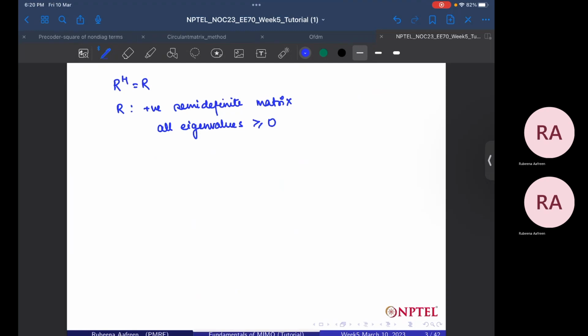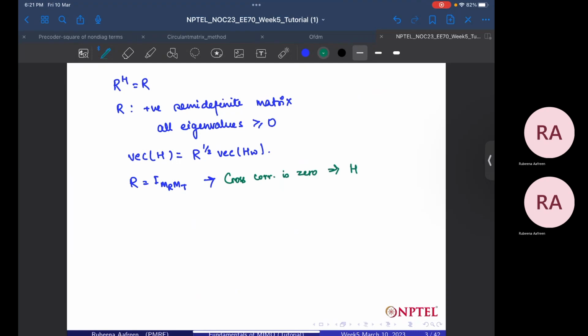Okay, now we have vec of H equal to R to the power half into vec of HW. Now suppose R is the identity matrix. What does this mean? This means that H will be equivalent to HW. So that means that the cross correlation is 0, right? What this means is that our channel is spatially white. Okay.